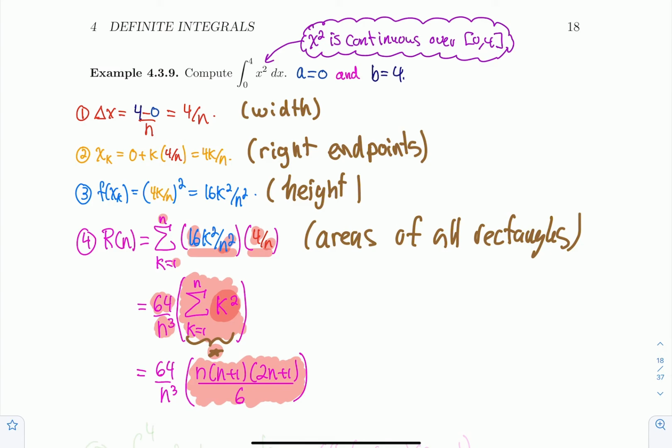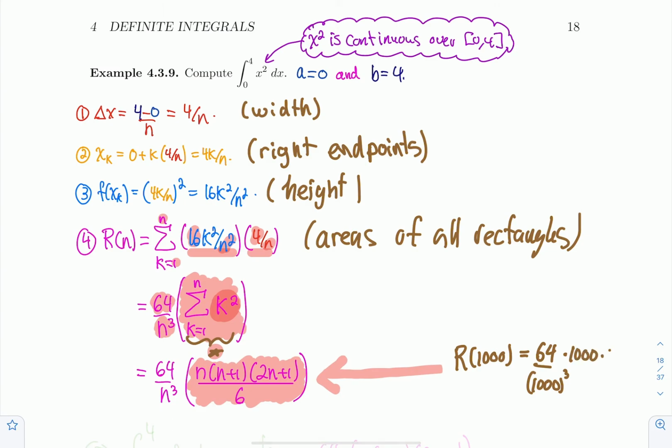Once you don't have any sigmas anymore, just take a moment to appreciate the power of this formula. What this formula is telling you is, if for some reason I want to approximate the definite integral of x squared between 0 and 4 using, let's say, 1,000 rectangles using the right Riemann sum, you could, if you know nothing, just take the interval, divide it into 1,000 pieces, and compute the width of those subrectangles, which would be 4 divided by 1,000.